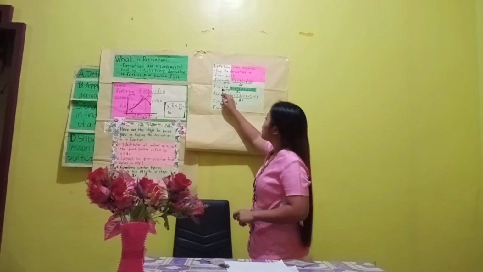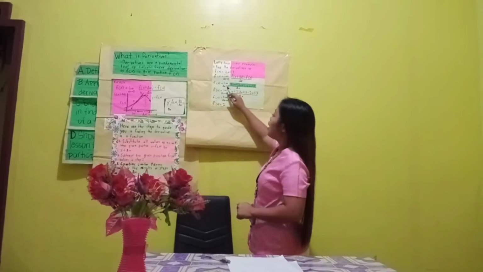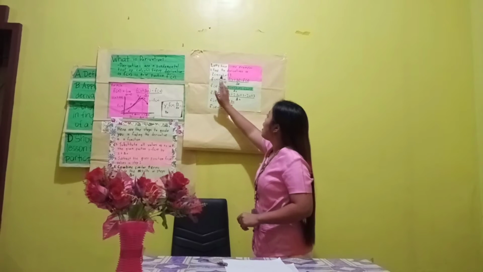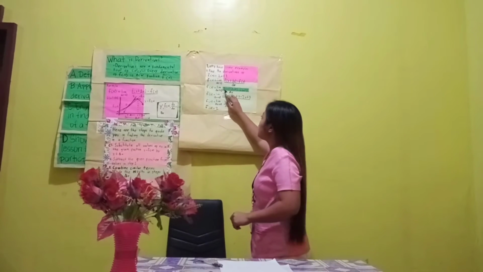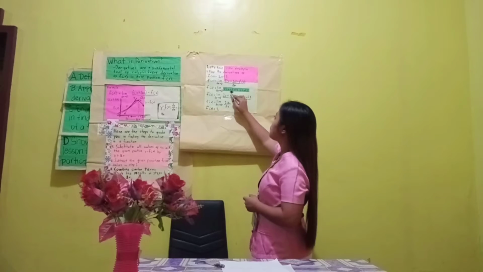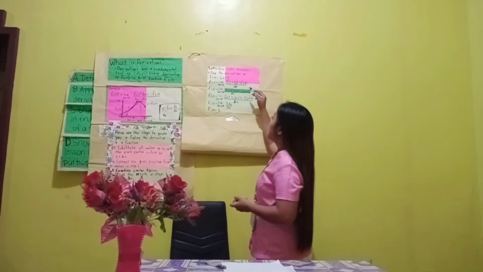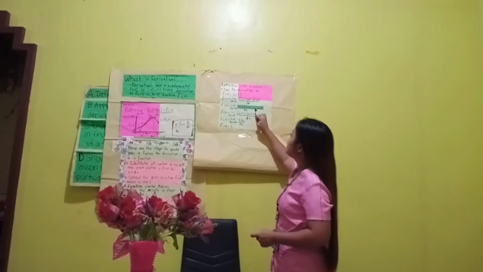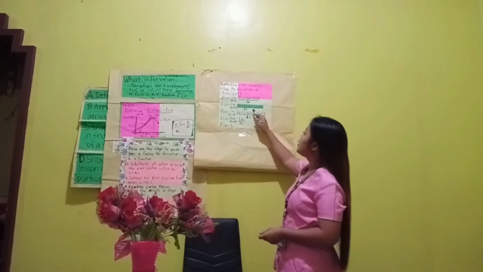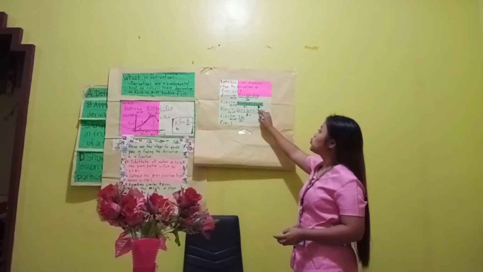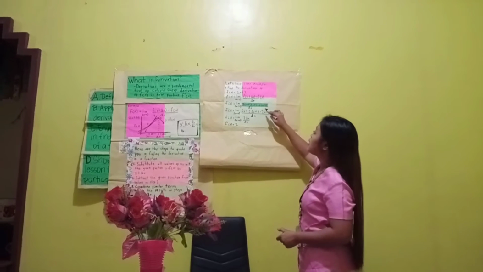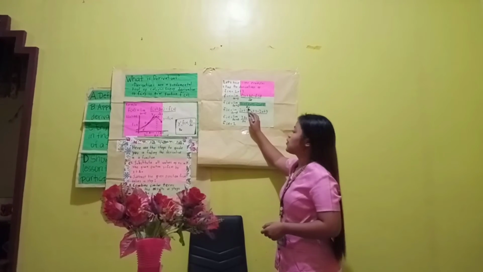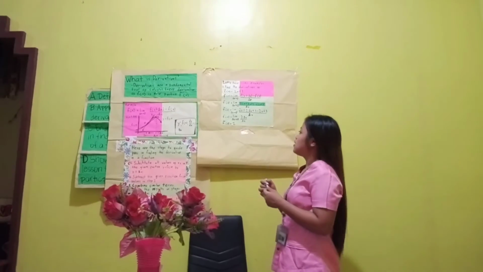Our f here is 2 times the quantity x plus delta x plus 3, minus the quantity 2x plus 3, over delta x.